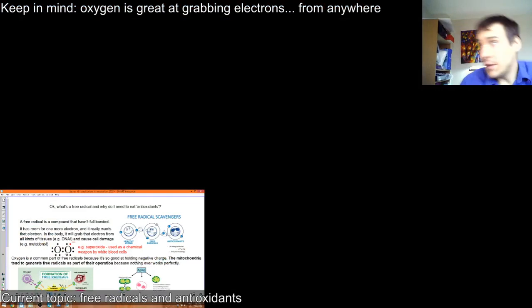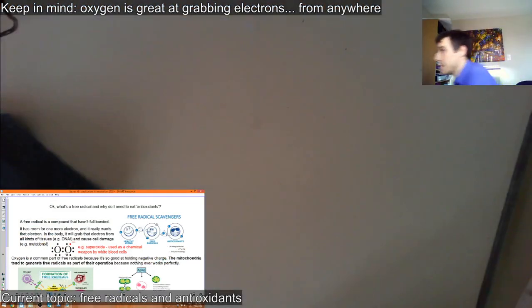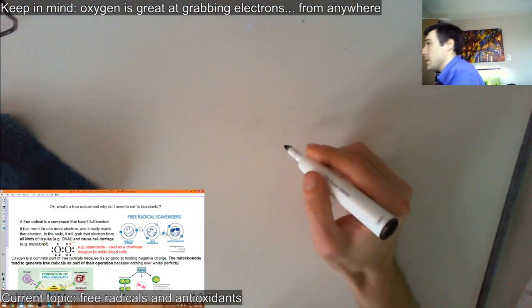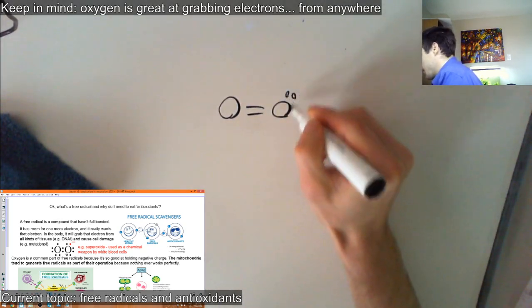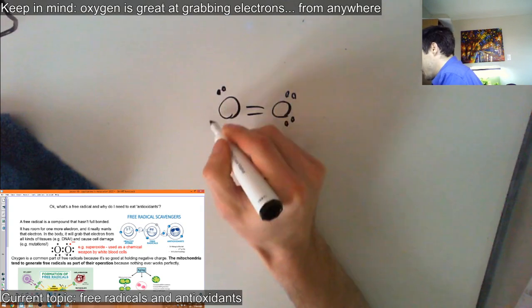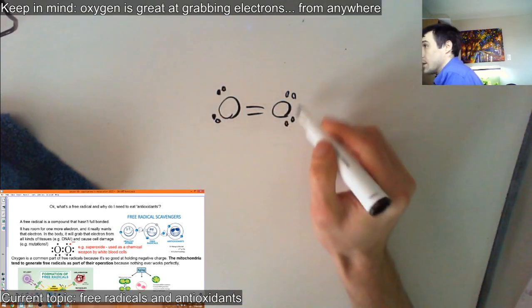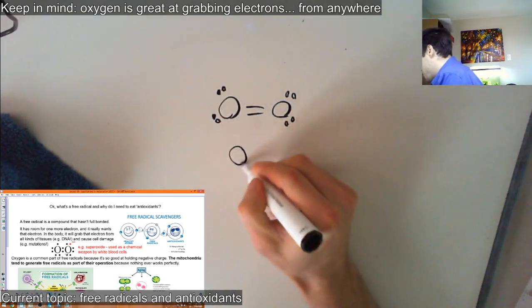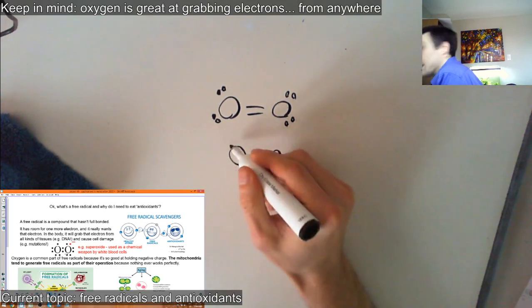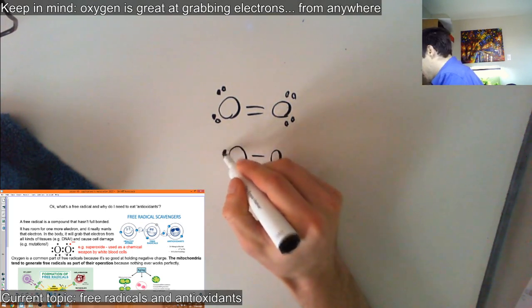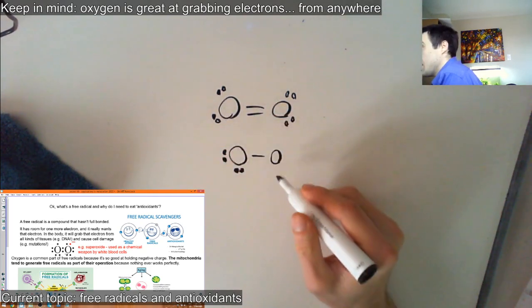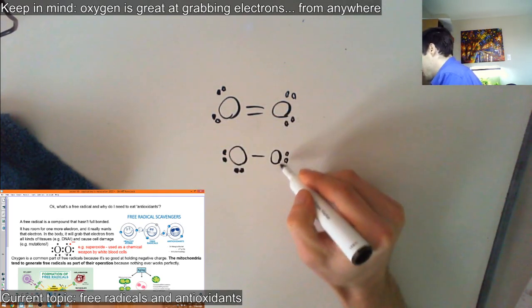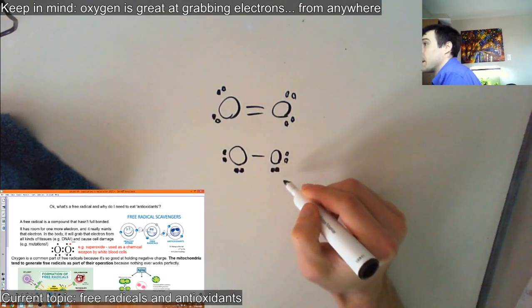Jumping over to the document camera just for a quick second, normally the Lewis structure of oxygen looks like this, where it's got two bonds and two pairs of electrons on each atom. But you can think of superoxide as having those two pairs of electrons here, and this one has those two pairs of electrons.